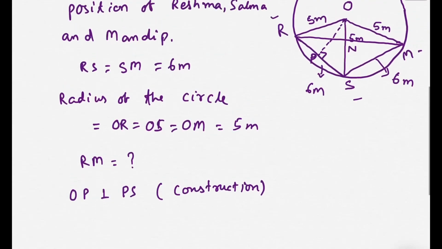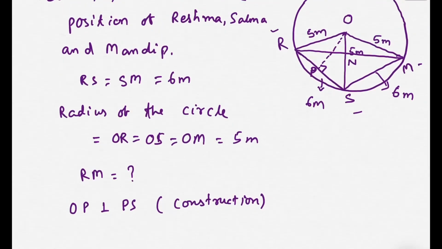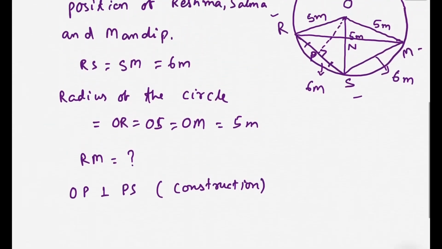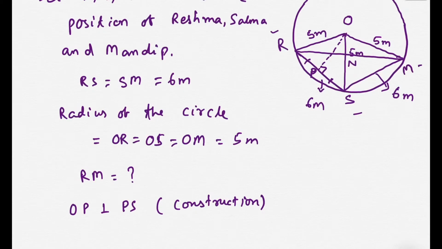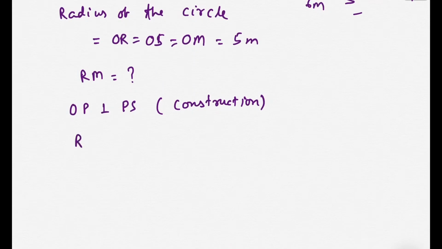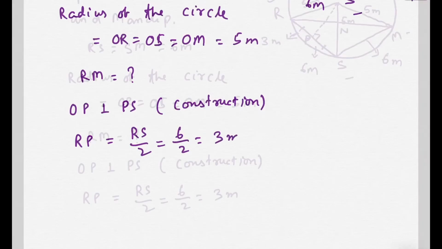So, OP bisects RS. That means RP is equal to PS. That means RP is equal to what? It will be 3 meter, as RS equal to 6. So, RP equal to RS by 2, that is 6 by 2 equal to 3 meter.